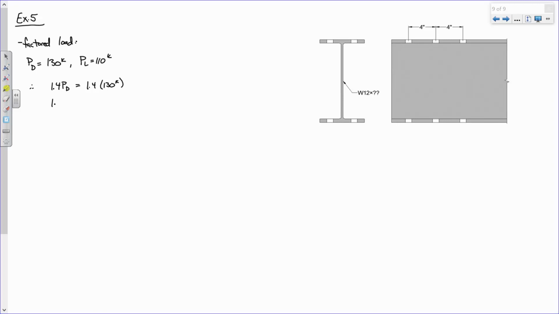And the other is 1.2 times the dead plus 1.6 times the live. Now I'll go ahead and tell you the answer to the first one, because that one's simple. That's just 182 kips. What's the second?